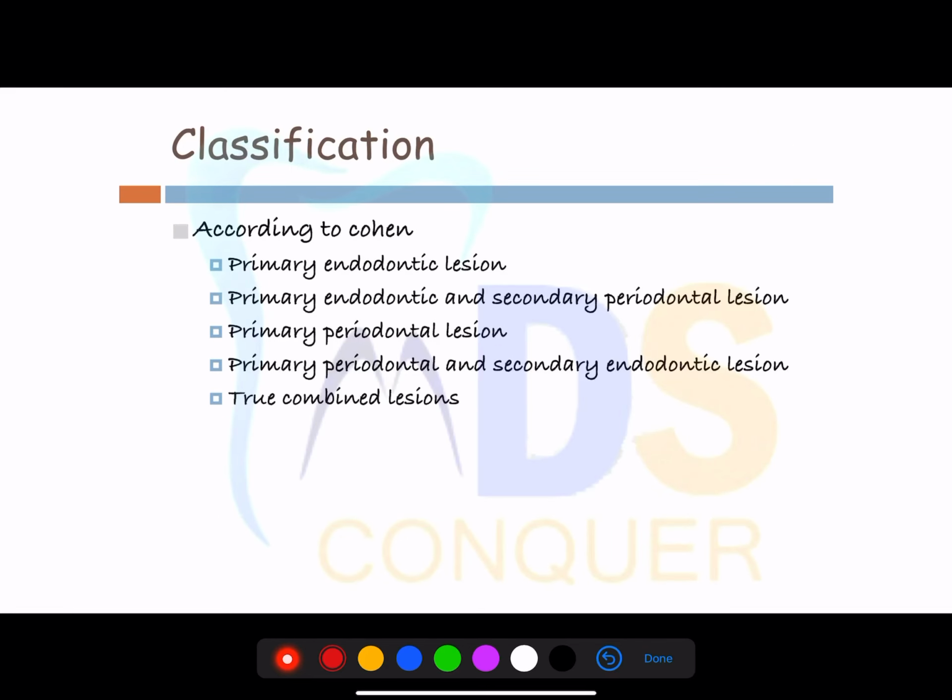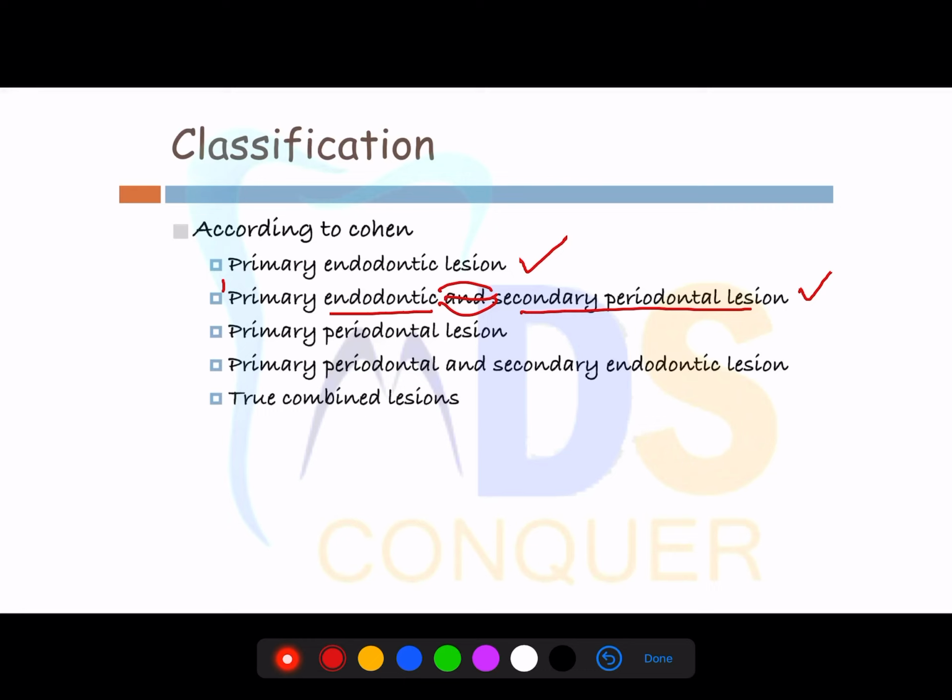According to Cohen, the classification of endoperio lesions can be categorized into primary endodontic lesion, which has only endodontic origin. Primary endodontic, secondary periodontal means it started as an endo lesion, but through any of the three communications we have learned, it has spread to the periodontium.